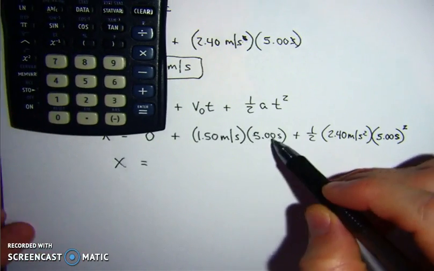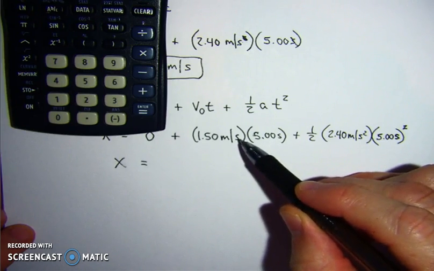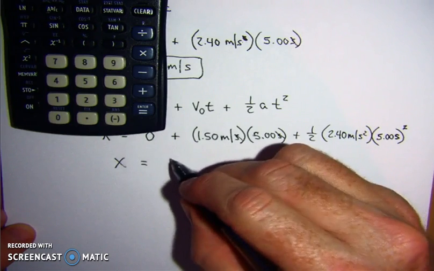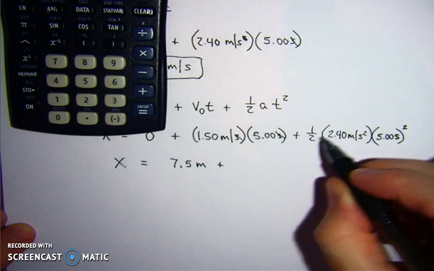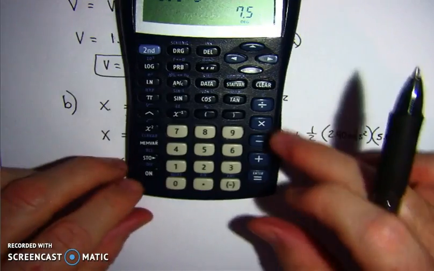And our seconds will cancel out because these seconds are on top and these seconds are on the bottom of the fraction. So this is 7.5 meters plus 1/2 times 2.40 times 5 squared.